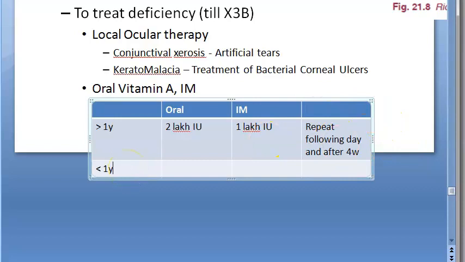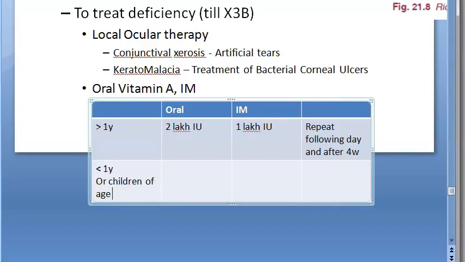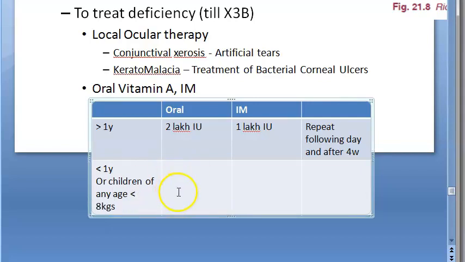Less than 1 year, or children of any age weighing less than 8 kg. For them, what will you give? Half the dose. Half the dose.